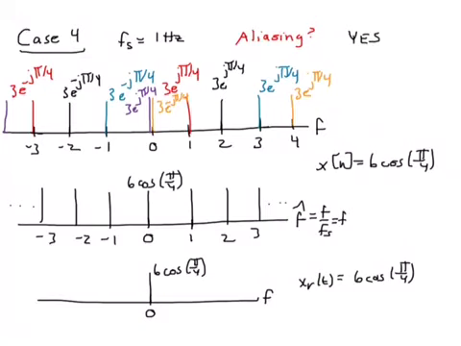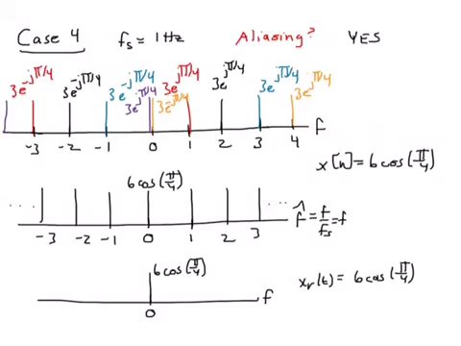Okay, hopefully you did this last case on your own and figured out what's going on. So in this case, we were sampling at a rate of 1 hertz. We certainly expect aliasing again, and so now we just go ahead and draw all the copies. And here we've got to draw some more copies even than we did before. So I've drawn the copy around 0, that's the black.